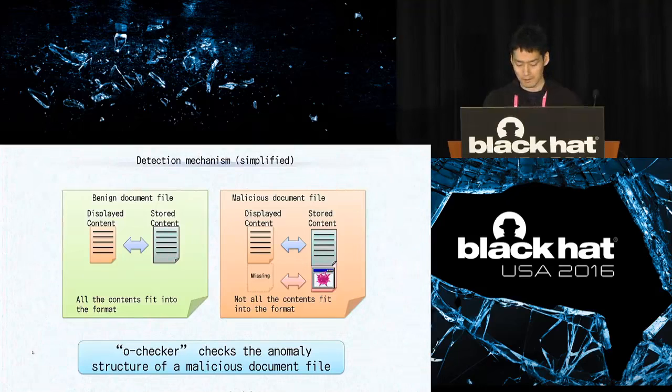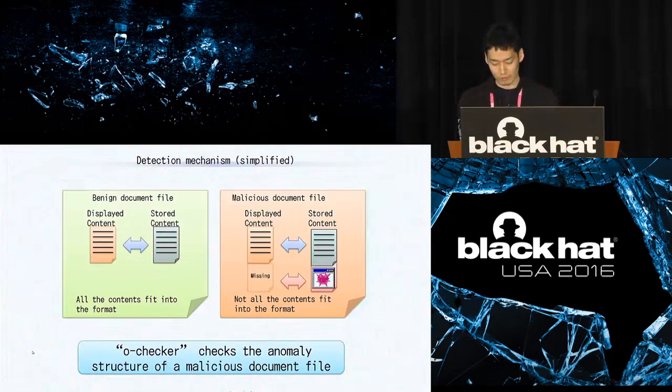So, the malicious executable file is present in the stored content, but not present in the displayed content. This mismatch between the displayed content and stored content causes the deviations from file format specifications. O-Checker checks these deviations to detect malicious document files.